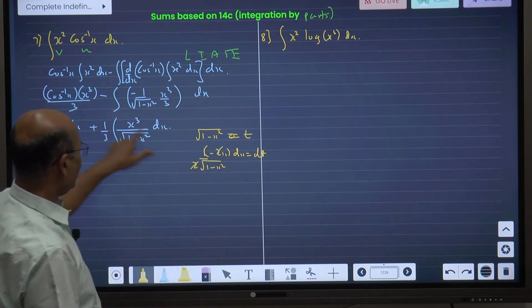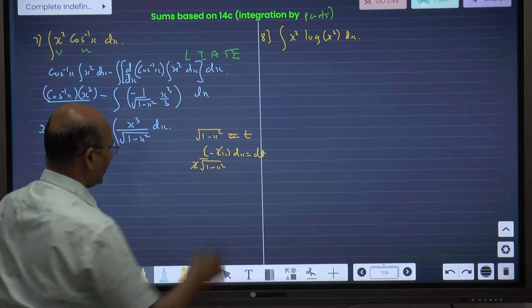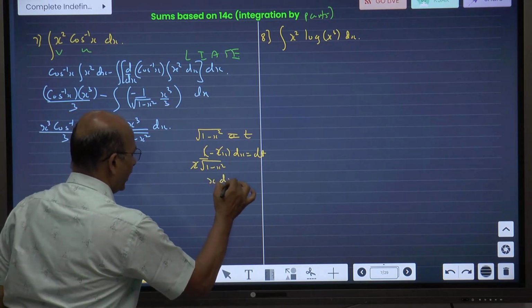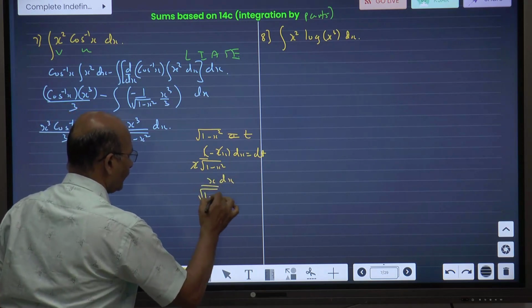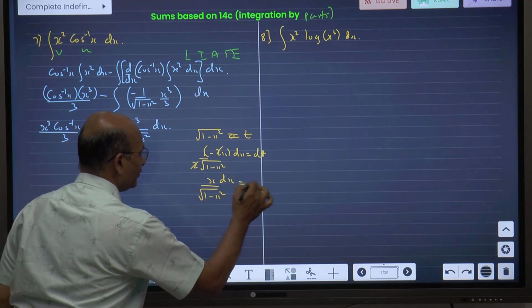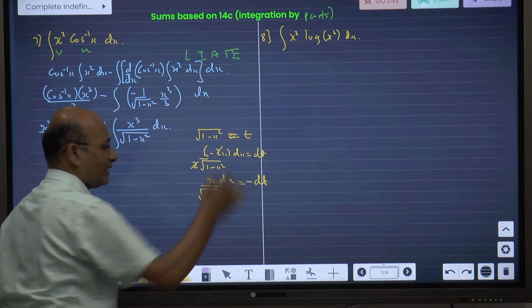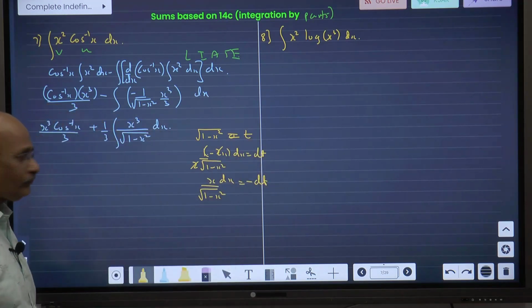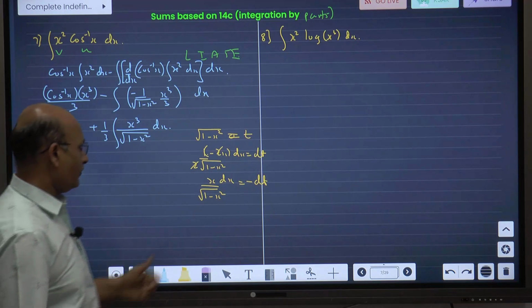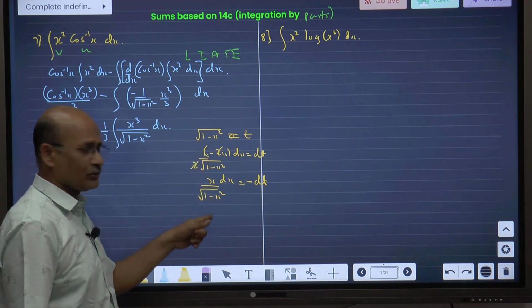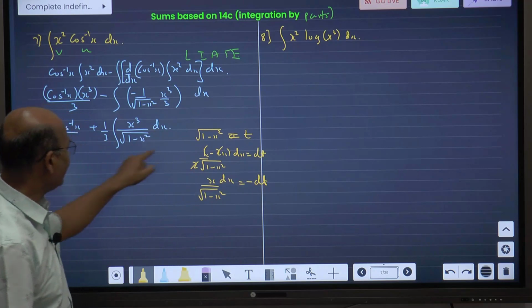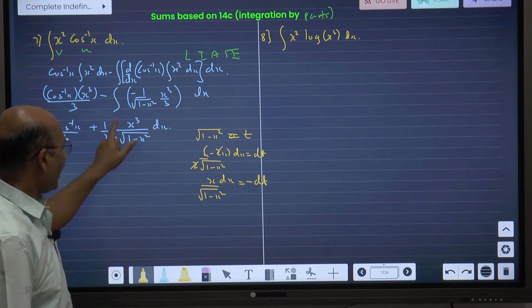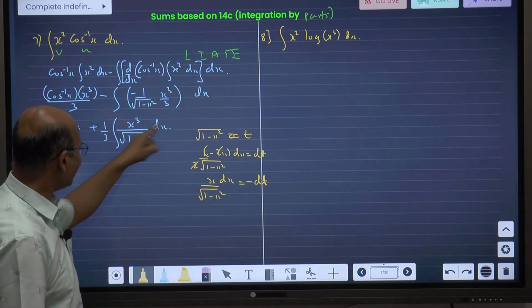So definitely x minus can go there. So I'll just write this properly. x dx upon root of 1 minus x square dx is nothing but minus dt. I shifted this minus sign because I don't need that. The point which I want to mention here, when I am doing substitution, because something is getting replaced in the integral, out of this x cube, 1 x is getting replaced.